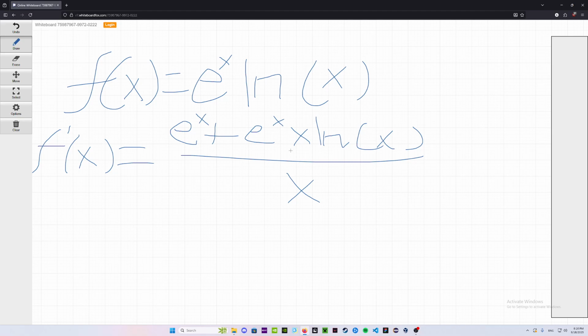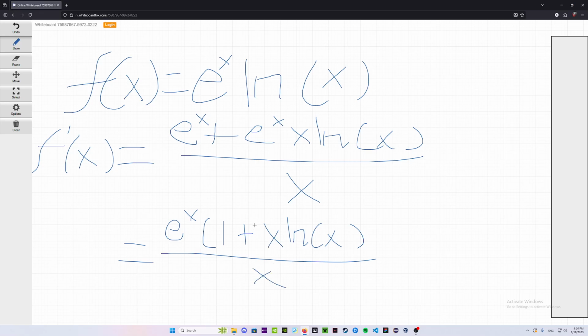This term and this term, they both have something in common, and it's the e^x. So let's just factor that out, right? So we're factoring that out, parentheses, e^x times what equals e^x? 1, plus e^x times what equals this? Well, it's going to be x ln x, then over x.